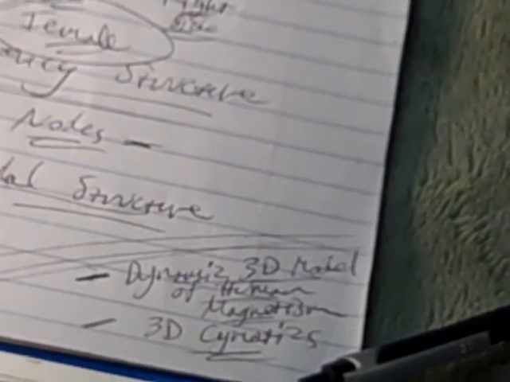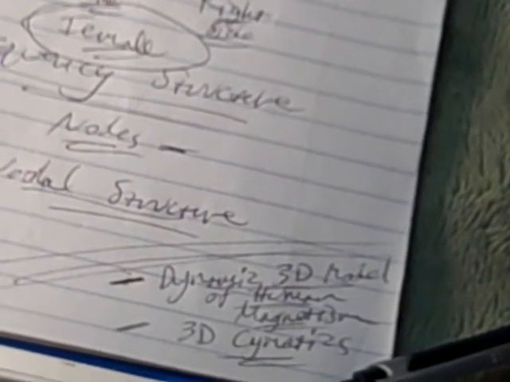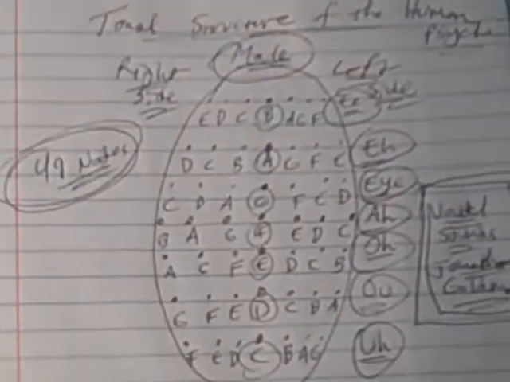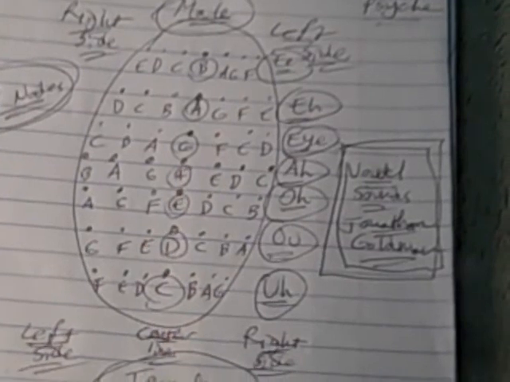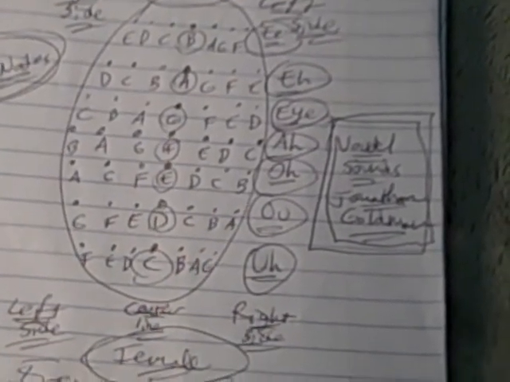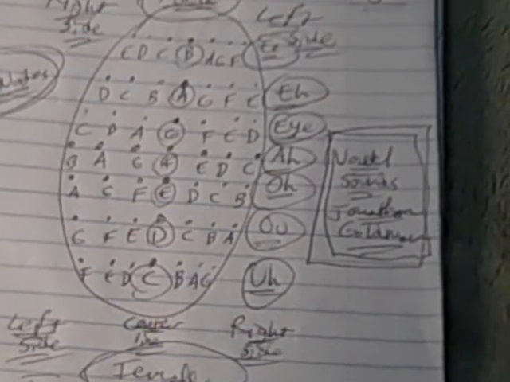And the importance of three-dimensional cymatics, not just for creating dynamic 3D models of human magnetism but for understanding the tonal structure of the human psyche, comes down to being able to recreate not only the magnetic patterns but also the frequency patterns of the human psyche, point by point.